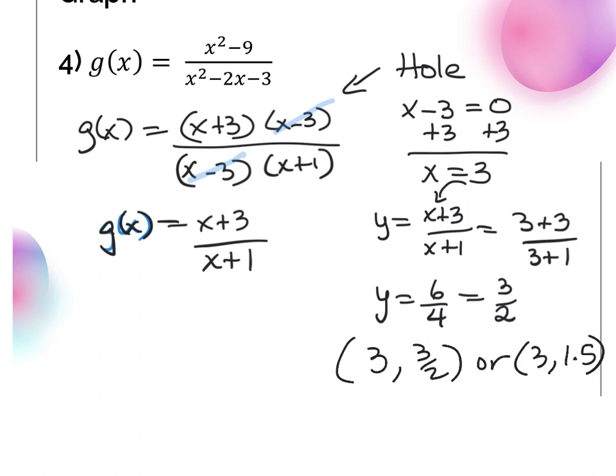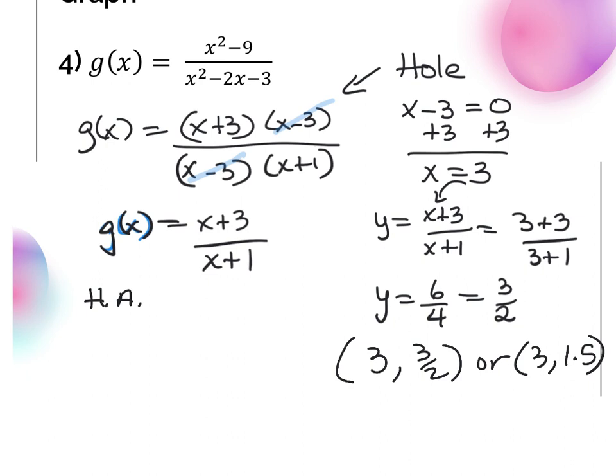Now I'm going to go back and find the horizontal asymptote and my vertical asymptotes. Now you could have gone ahead and done that at the beginning and then found the hole. It doesn't really matter, but if you're following the steps that were on that second slide, it said to simplify, find the holes, and now I'm going to find the asymptotes. So for my horizontal asymptote, we look at the degrees.